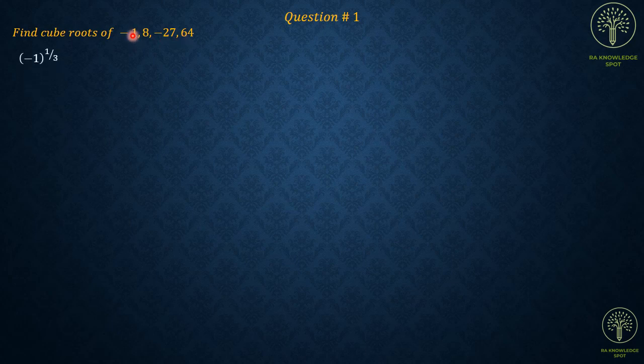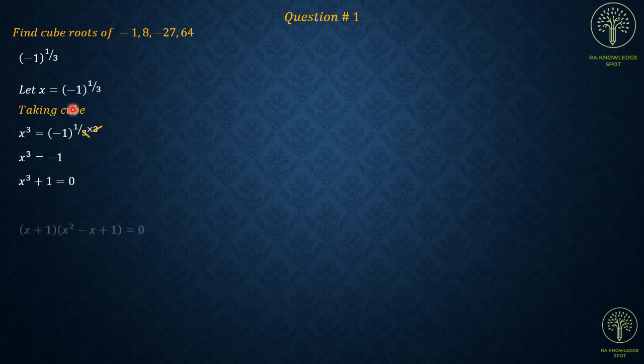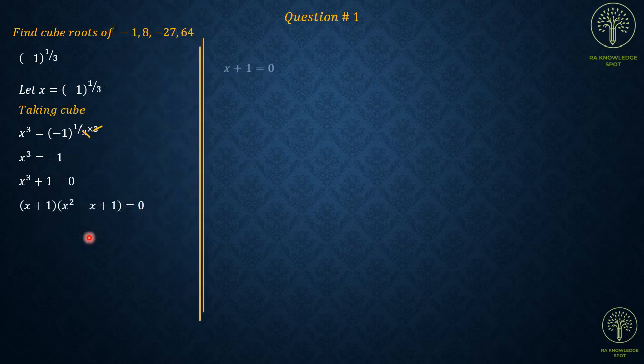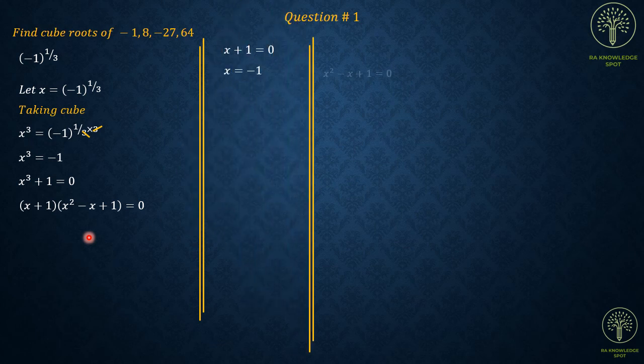As we have solved in the concept for plus 1, and this is for minus 1, on the same rule that we have solved already, you have to solve the same process, taking the cube on both sides, they will be cancelled, you will get minus 1, then on the other side it will be positive, applying the formula, then again x plus 1 is equal to 0 will get minus 1, then on the other side of course 0.